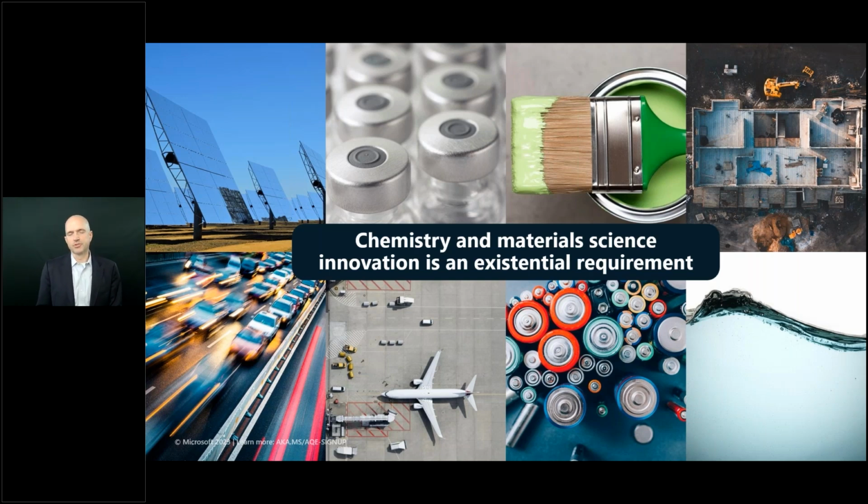Microsoft believes that chemistry and material science are the keys to solving some of the most important problems facing the planet today. So whether that's food scarcity, pollution, or issues surrounding climate change, all of those problems most likely have solutions that depend on innovation in chemistry and material science. So that innovation and accelerating the pace of innovation is really an existential requirement.